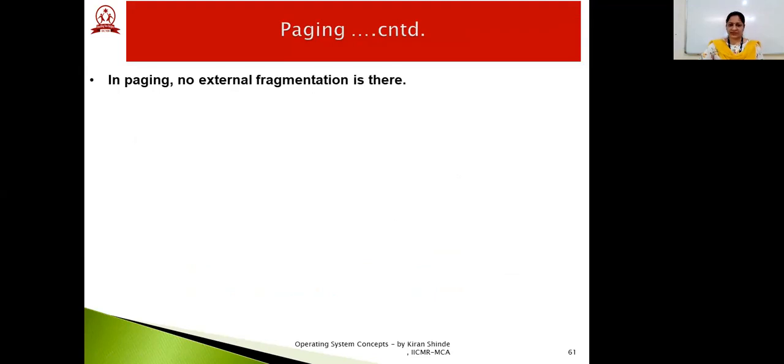And what do you mean by external fragmentation, or exactly when does the external fragmentation problem arise? When any process which is demanding the physical memory, the demand is much more than the available memory space. So in this case, there is less possibility that this particular problem will arise because the memory holes will be available in a scattered manner. So in paging, the external fragmentation will not be there.